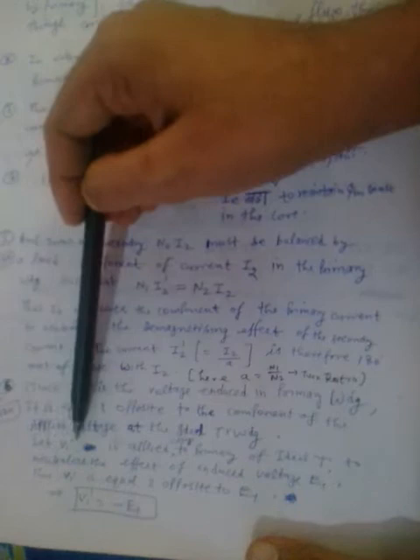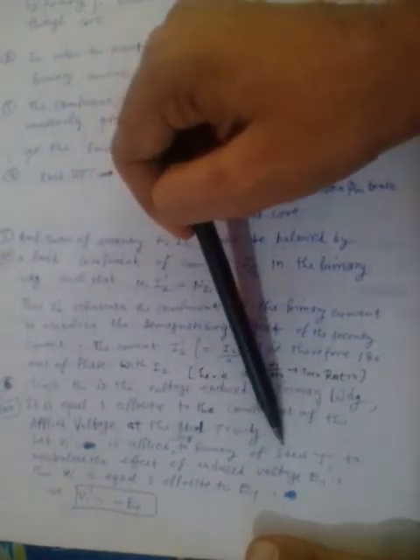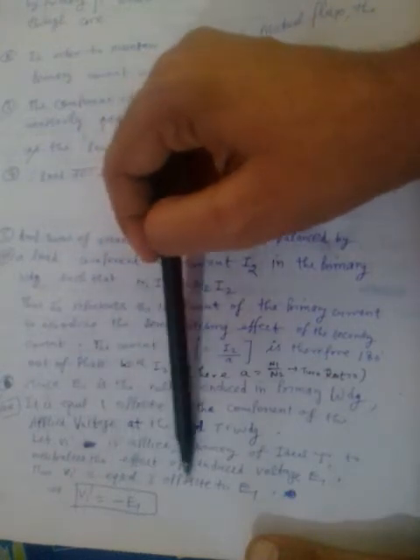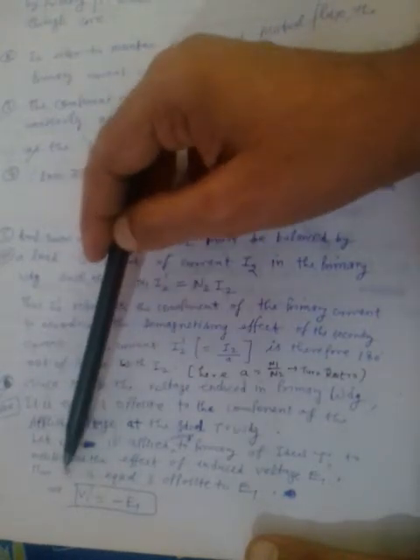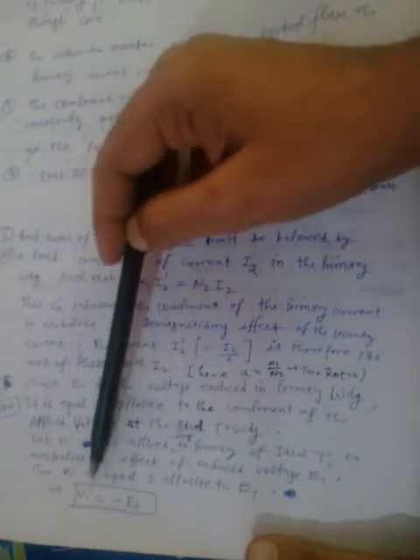Now let V1 dash be the applied voltage to the primary of the ideal transformer to neutralize the effect of the induced voltage E1. Therefore V1 dash is equal and opposite to E1. So V1 dash is equal to minus E1, right?